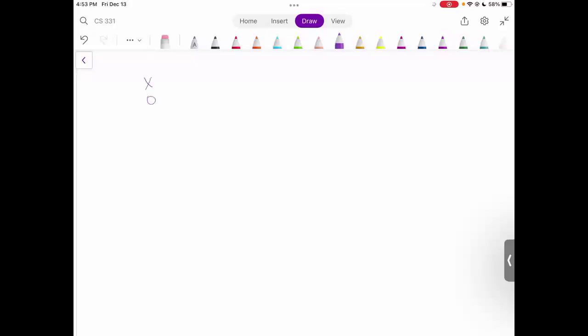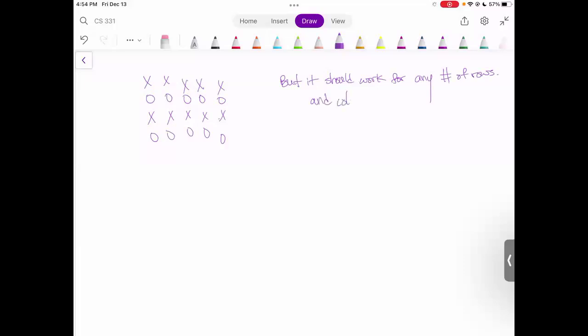Say I give you this pattern, but it should work for any number of rows and columns.